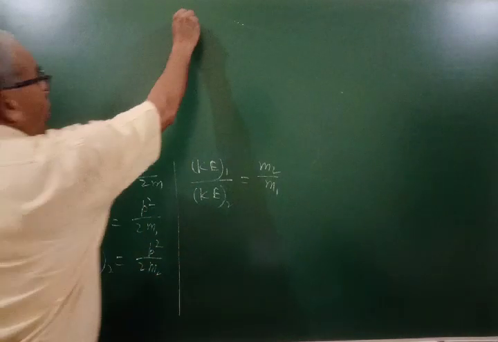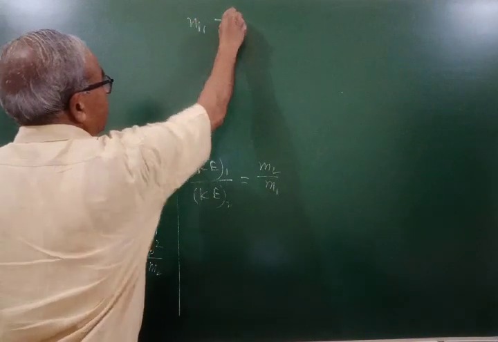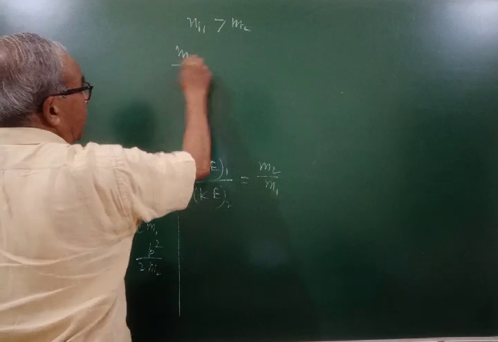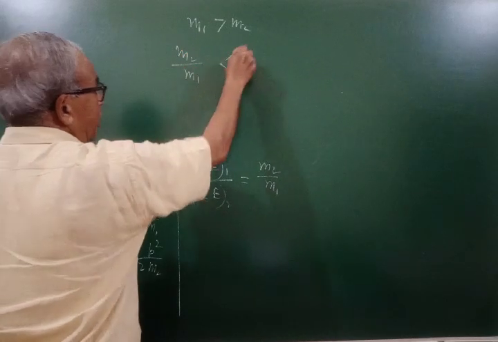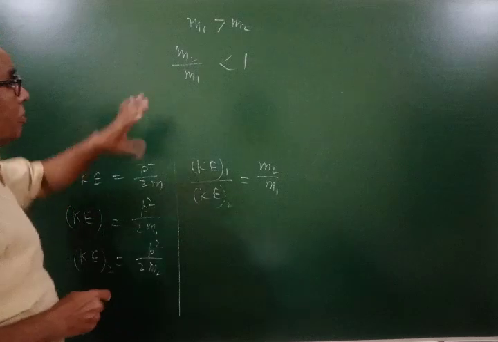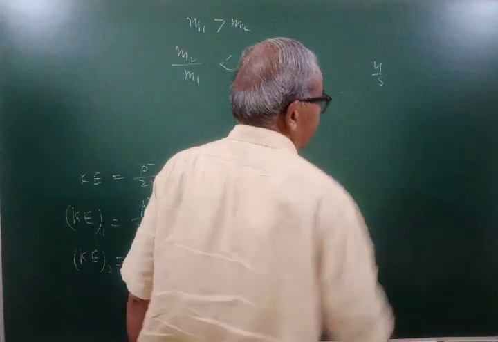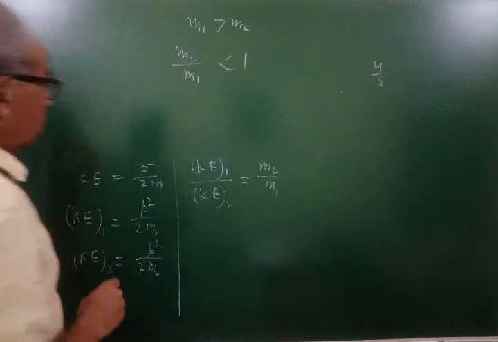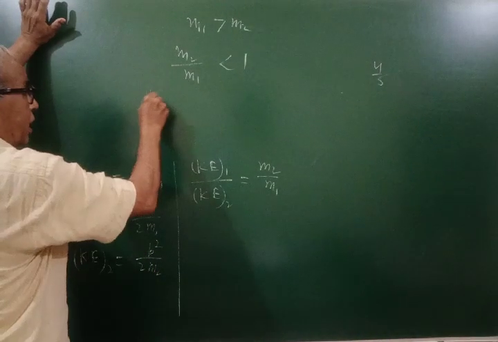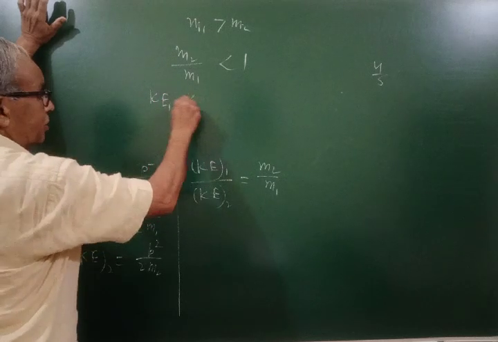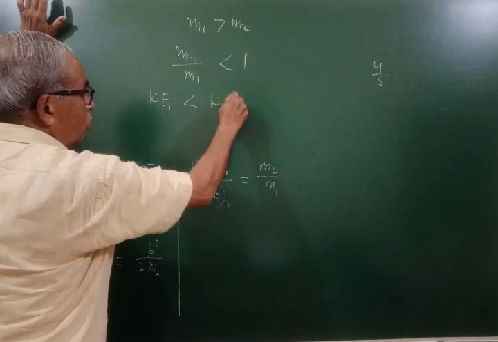Now here you know m1 is greater than m2, given. So m2 upon m1 is less than 1. If we divide 4 by 5, then we get 0.8, that is less than 1. And hence KE1 is less than KE2.